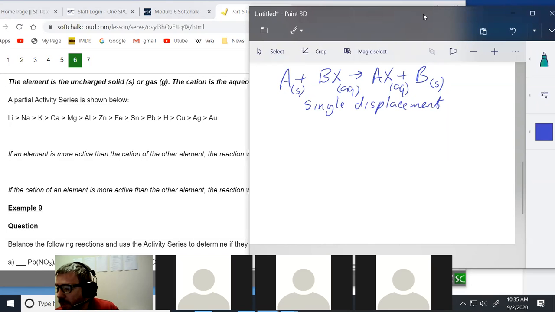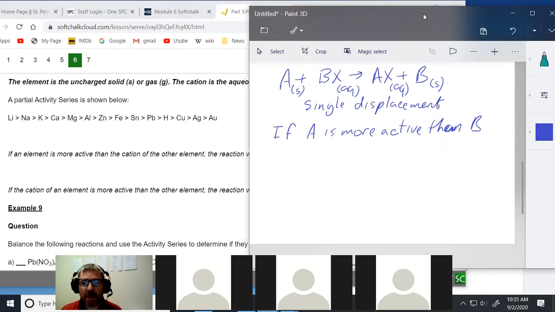Now, the key information you need is this. If A is more active, you can say active or reactive if you want to, than B. But what we're talking about involves redox reactions and electrode potentials and a lot of other stuff that is sort of beyond the scope here. So I'm just going to say if A is more active than B, this reaction will occur.